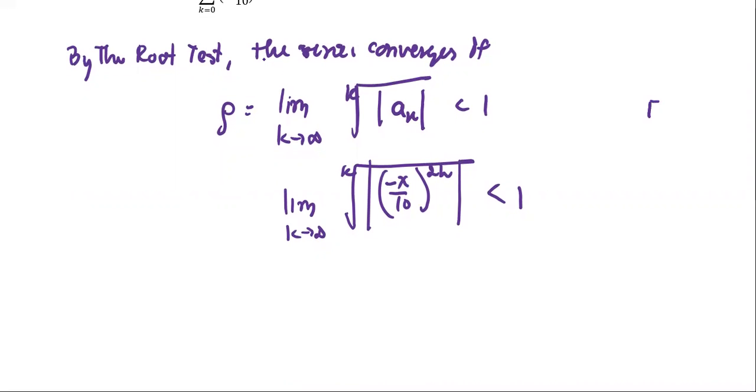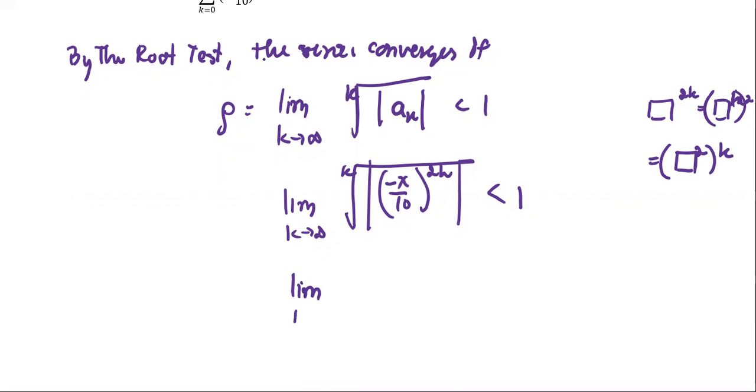We know the quantity raised to the power 2k means the quantity raised to the power k, all to the second power, or in the form of the quantity to the second power, all raised to the power k.